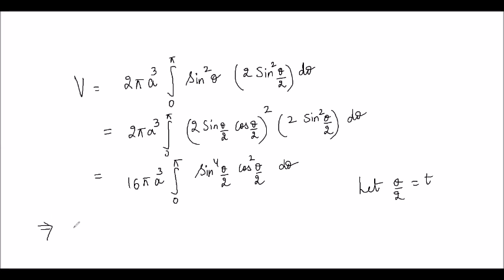This will give us the volume 16 pi a cube, with limits 0 to pi by 2 as in the beta gamma function property, sine t raised to power 4, cos t raised to power 2, and d theta will be 2 dt.